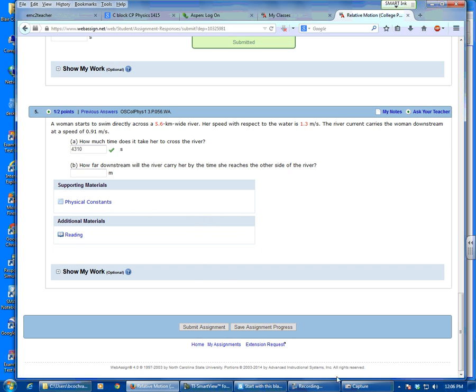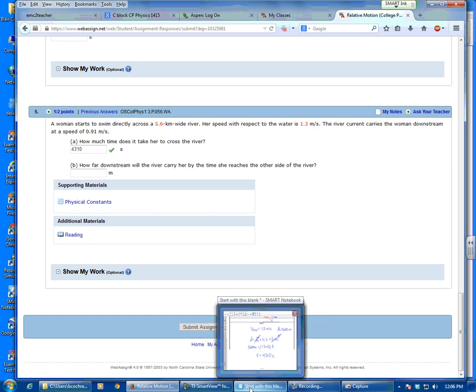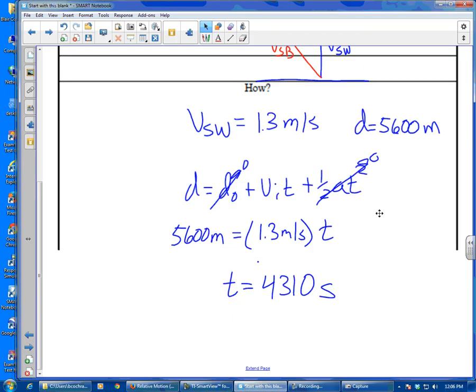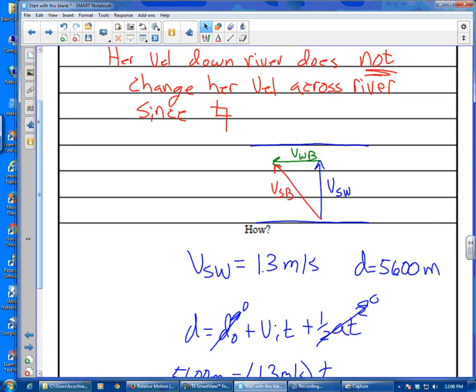How far downstream will the river carry her by the time she reaches the other side? What do these two motions have in common? I'll answer you. Time is the same for both motions.